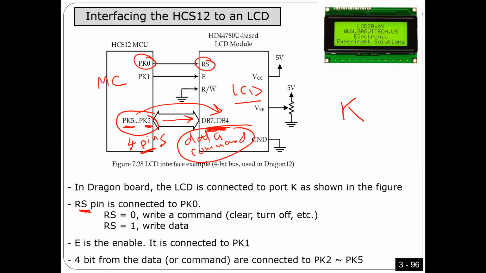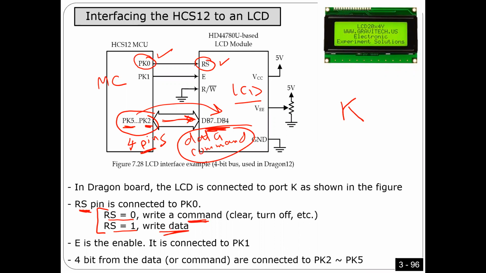So the question is, how can the LCD know whether what you are sending is data or command? From this pin, PK0 or RS. RS equals 0 if you send a command. RS equals 1 if you send data, okay, guys?